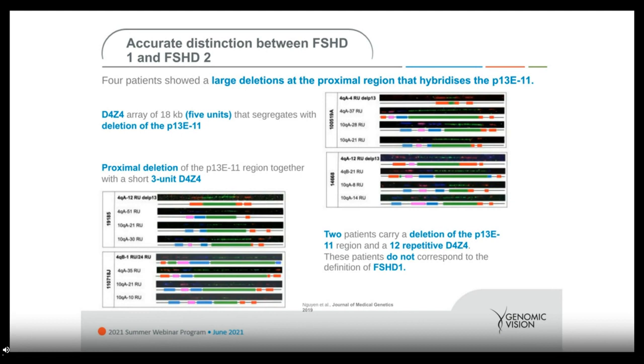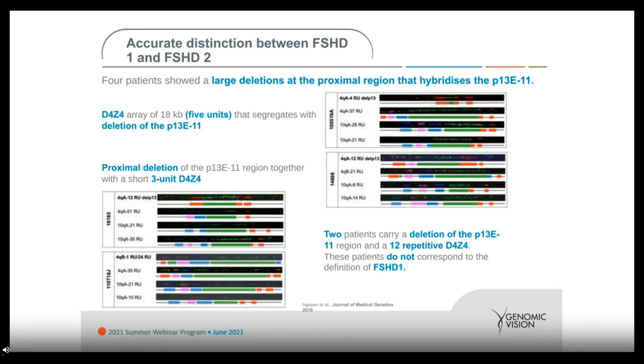While if we look at the other 2 patients, these again come from a dubious Southern blot analysis. We found that those patients had 12 repetitive units of the D4Z4, and there was a deletion of the P13 in one of them. So these 2 patients were classified as not FSHD1, and most probably belong to FSHD2.